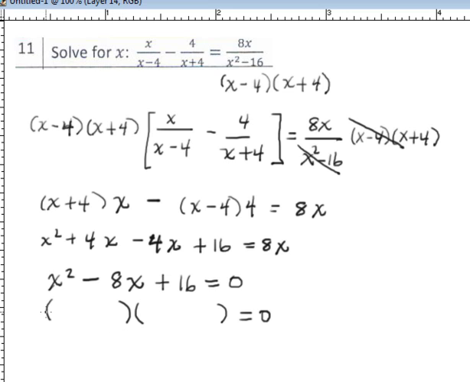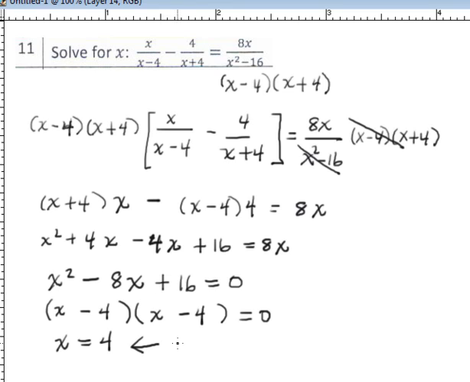Okay, so this factors as x minus 4 times x minus 4. And check the middle term, minus 4x plus minus 4x is minus 8x. So we get one solution. Our one solution is x equal to 4, that same solution from both factors. And notice that this makes the denominator 0.